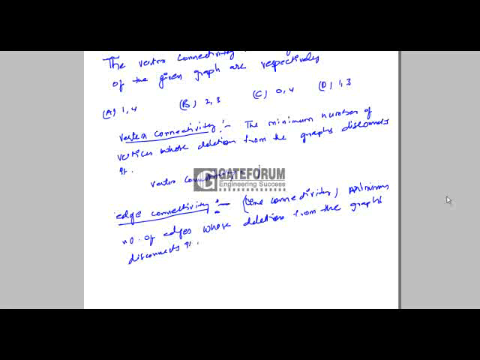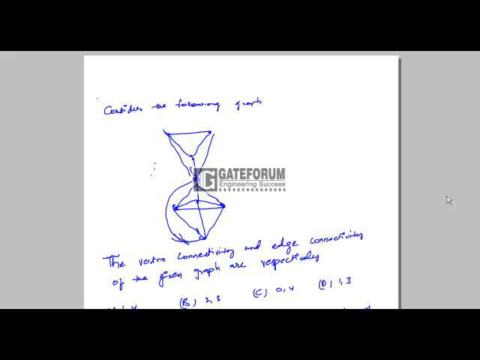So if you see the given graph here, the minimum number of edges which should be deleted in order to make the graph disconnected is 3. If we take this vertex, we have to delete these 3 edges in order to separate it. For this vertex also we need to remove 3 edges.